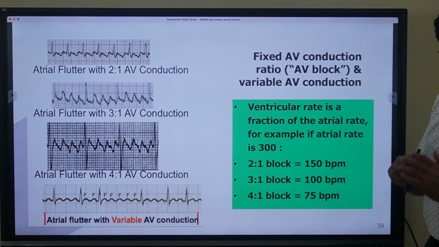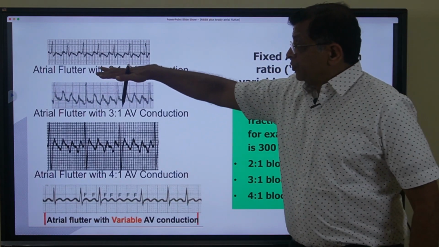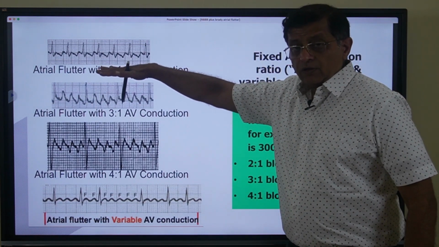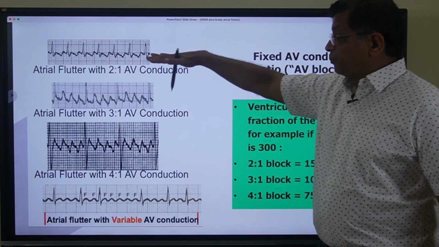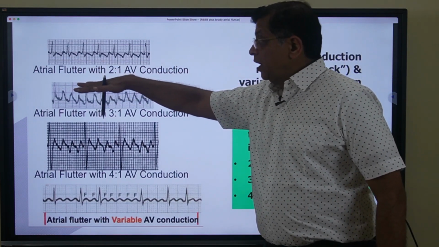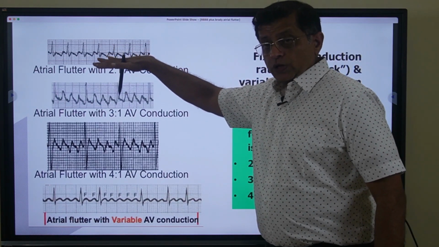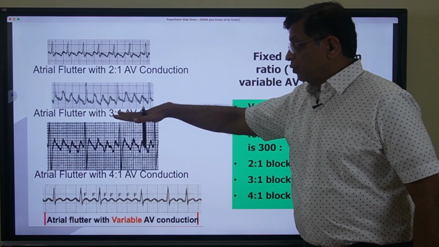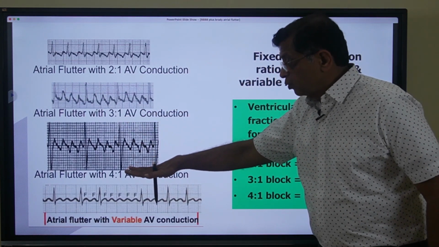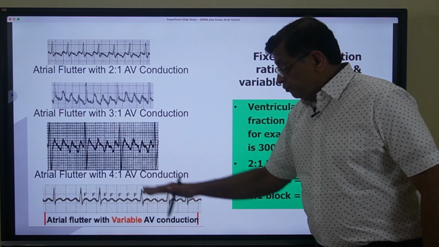The ventricular rate depends on the AV conduction. For example, suppose the atrial rate is 300 and AV conduction is 2:1, the ventricular rate will be around 150, with 3:1 it could be around 100, with 4:1 it could be around 75.